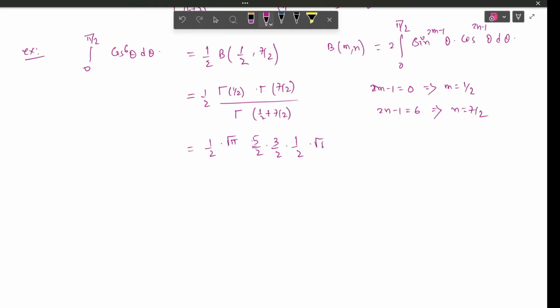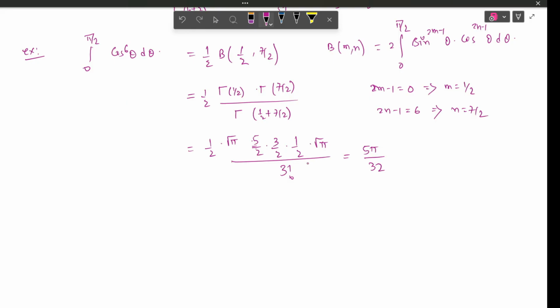Gamma of half is root pi, and the denominator is 7 plus 1, 8 by 2, that is 4. Gamma of 4 we can write as gamma of n plus 1, that is 3 plus 1, that is 3 factorial, because it's an integer, right? So we can say that our value will be 5 pi by 32. If you evaluate, you will get 5 pi by 32.